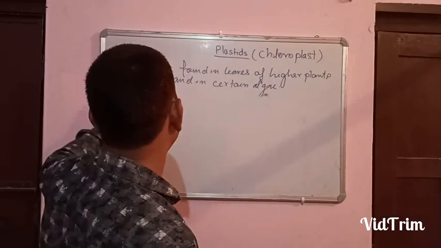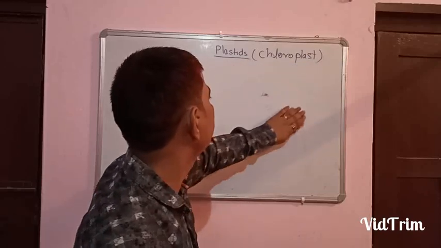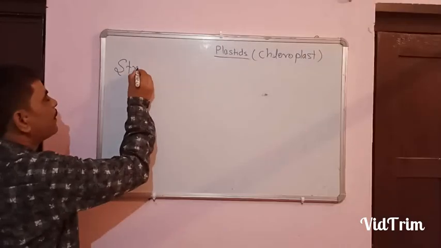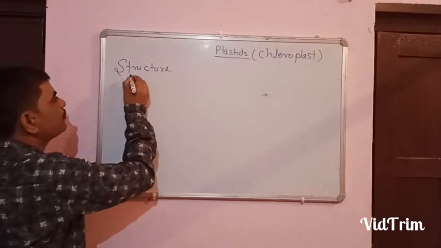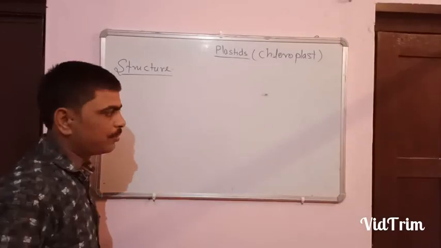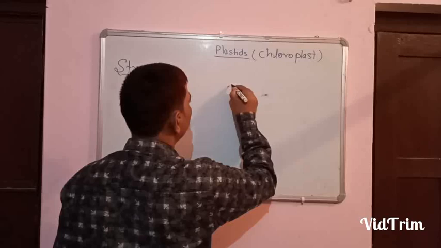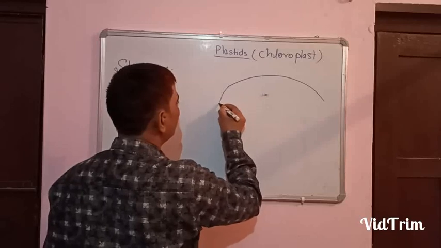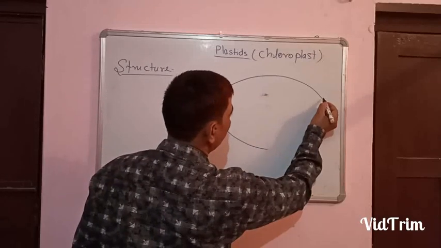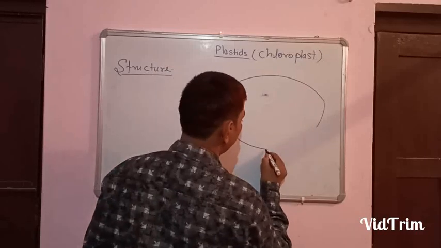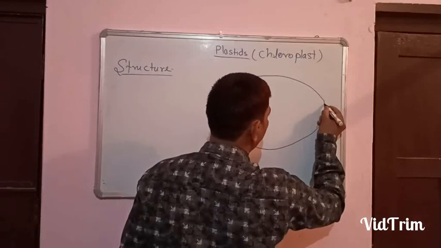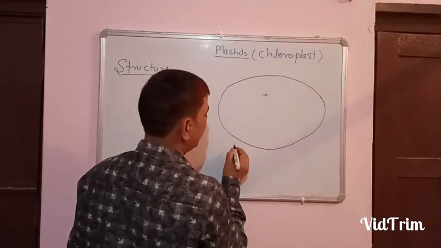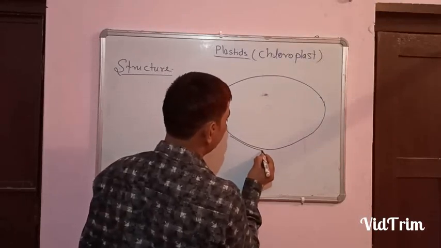We need some more space to draw the diagram, that's why I am erasing this. Okay. Structure of chloroplast. As I said, I am trying to make an oval shape, and they will have a double layer membrane.